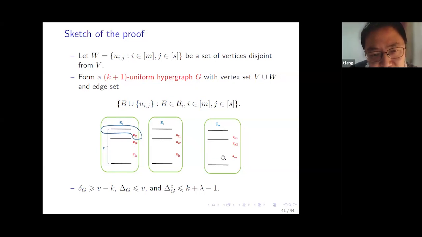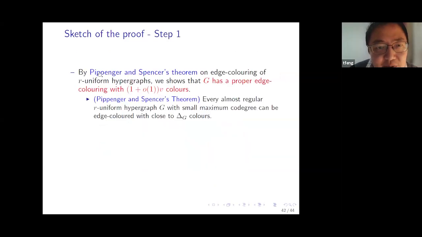This can always be done by using the Pippenger-Spencer theorem on edge colorings of r-uniform hypergraphs. The theorem says every almost regular r-uniform hypergraph G with small maximum codegree can be edge colored with close to delta G colors.